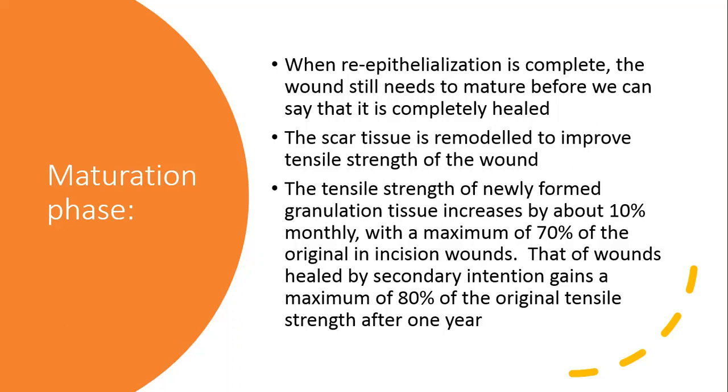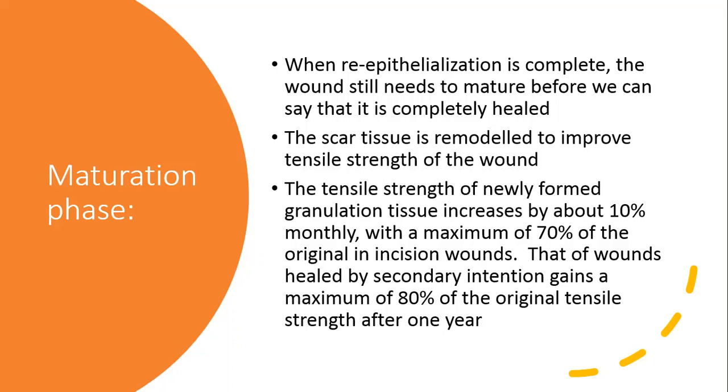So month 1, 10%, month 2, 20%, month 3, 30%, up to a maximum of 70% of the original in incision wounds. So if we do multiple operations on the same incision line, it won't heal, because we will only regain a maximum of 70% of the one we started with, meaning that it will break down and the wound will dehisce. That's the name for wound edges opening up, dehiscence.